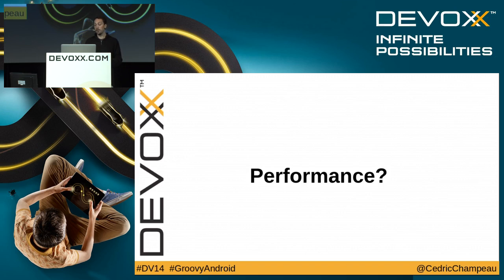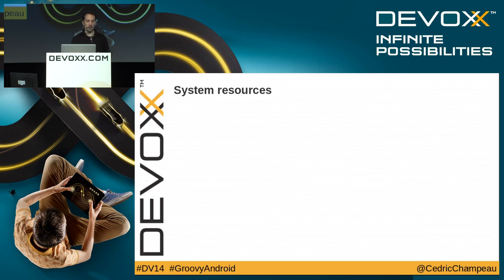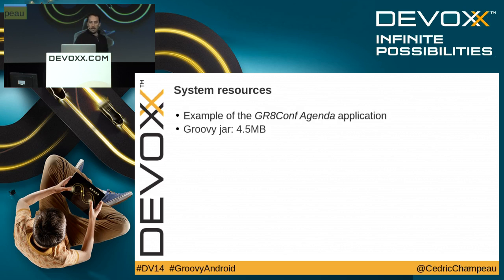And yes, it's a new language. Is it performant? How much resources does it consume? As an example, I took the application that is deployed on the Play Store, the Agenda application.